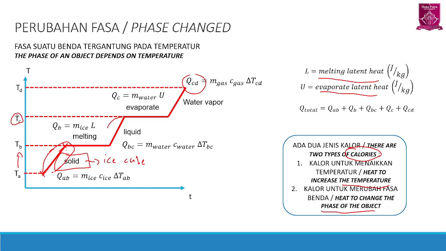But in this process, because all the ice has already fully melted, we use the specific heat of water. But the mass of the object should be the same: the mass of ice is equal to the mass of water.